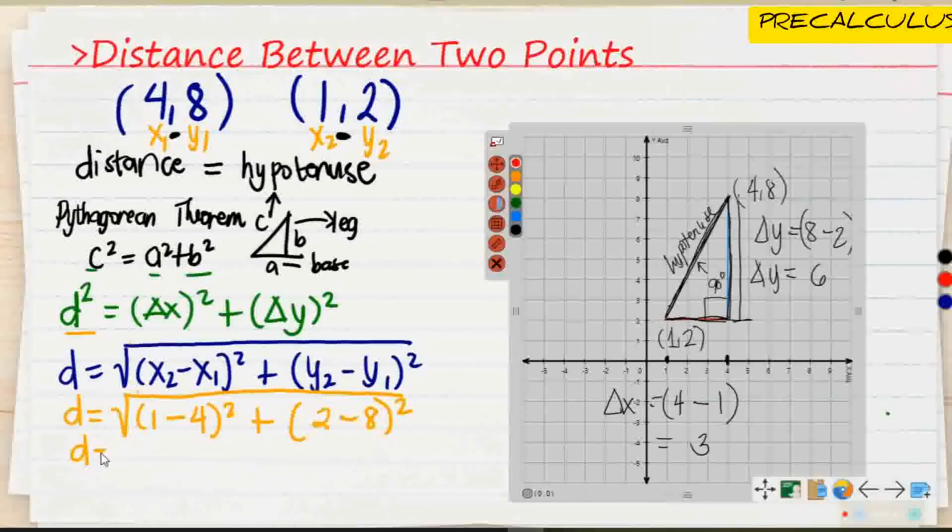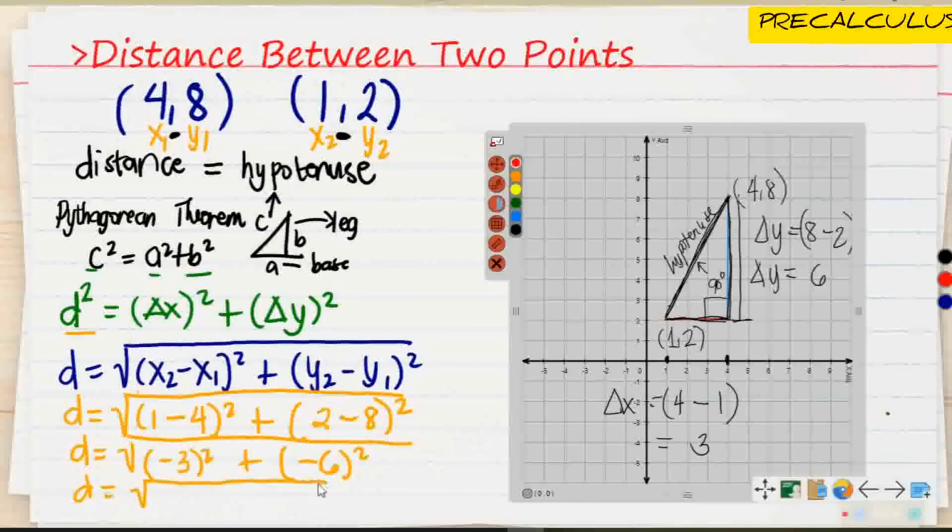So distance is equal to negative 3 squared plus 2 minus 8 is negative 6 squared. So d is equal to square root of, negative 3 squared is 9 plus negative 6 squared is 36. So d is square root of 45. So same lang siya, 3 square root of 5 units.